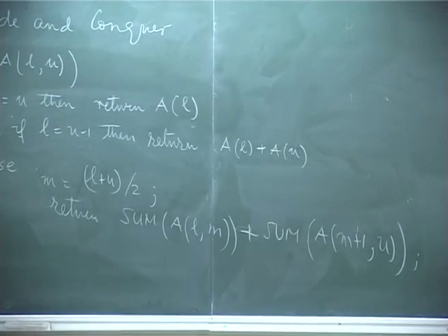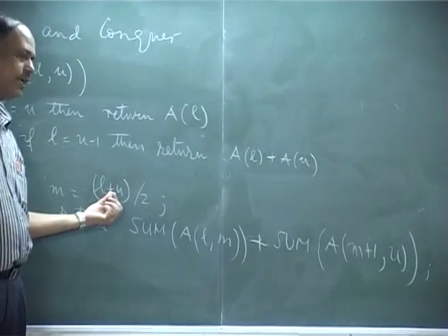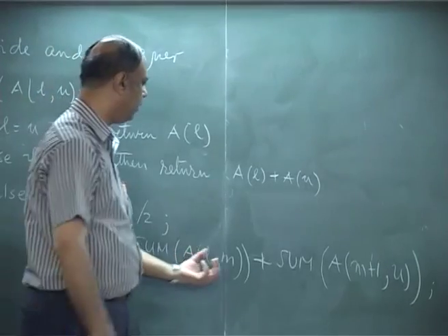So basically you compute M from L plus U, and then you return this sum plus that sum.